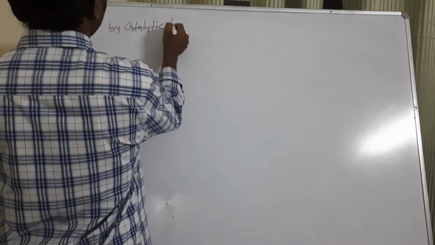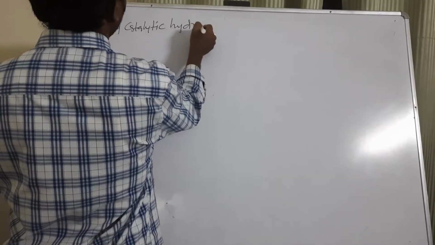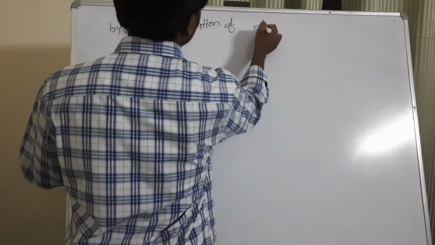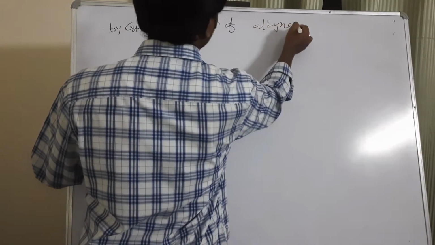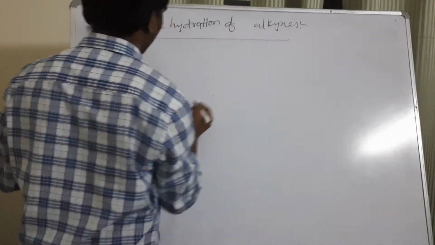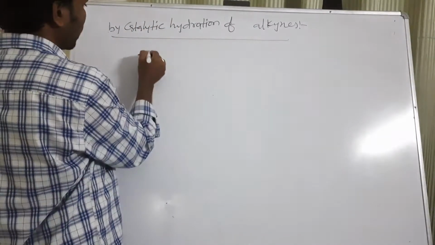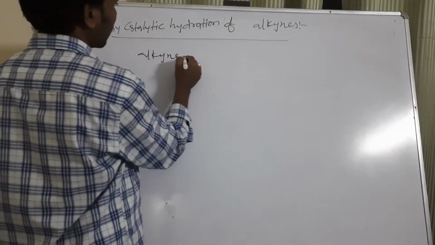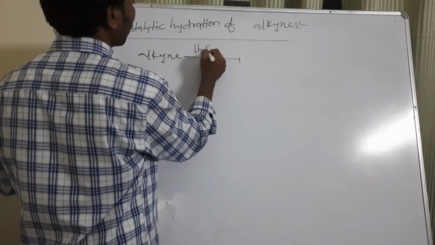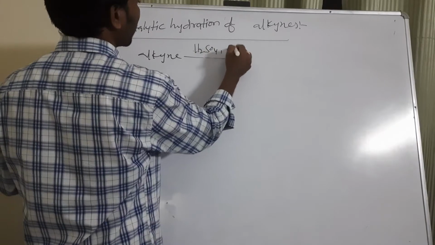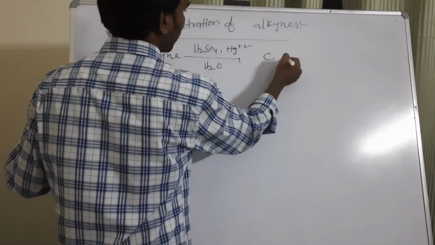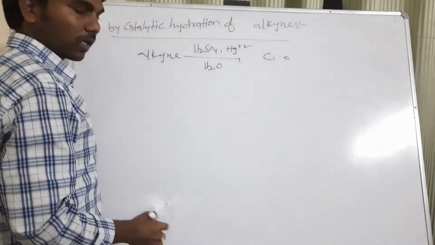Next, catalytic hydration of alkynes. Here we have to take it like this. The alkyne will undergo reaction with H2SO4 in the presence of mercury. If you add water, it is going to give a carbonyl compound.